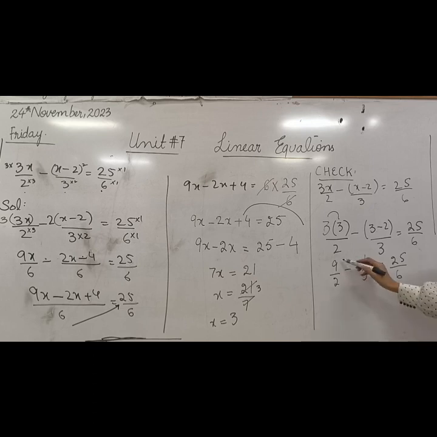We'll multiply by 3 and we'll multiply by 2 to make the denominator the same, and we have 27 minus 2 over 6. And in the next step you will write 25 over 6, which equals 25 over 6. Both sides are equal, hence the solution is verified, and you can say that the solution set of this equation is 3. Got it?